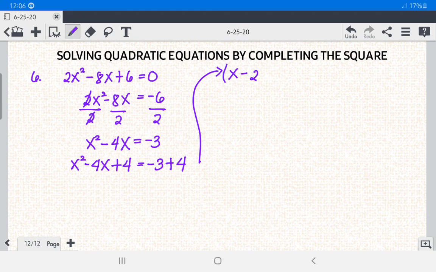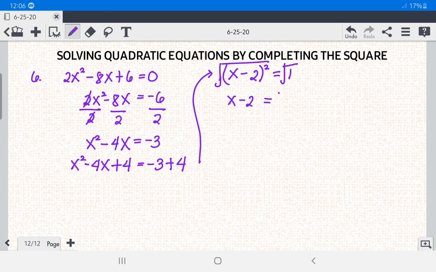The next, using the square root property, let us get the square root of both sides. Okay. Then, we have the square root of x minus 2 squared, we have x minus 2, equals square root of 1, which is 1. So, we have positive or negative 1. Then, add 2 on both sides of the equation.